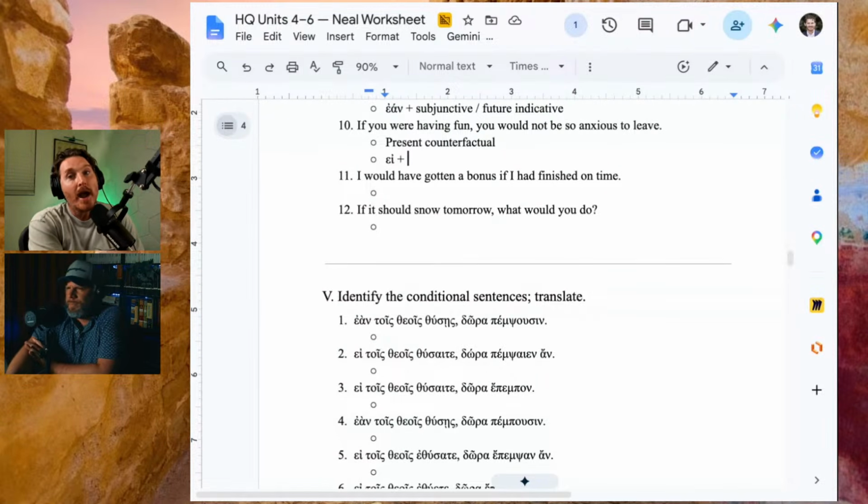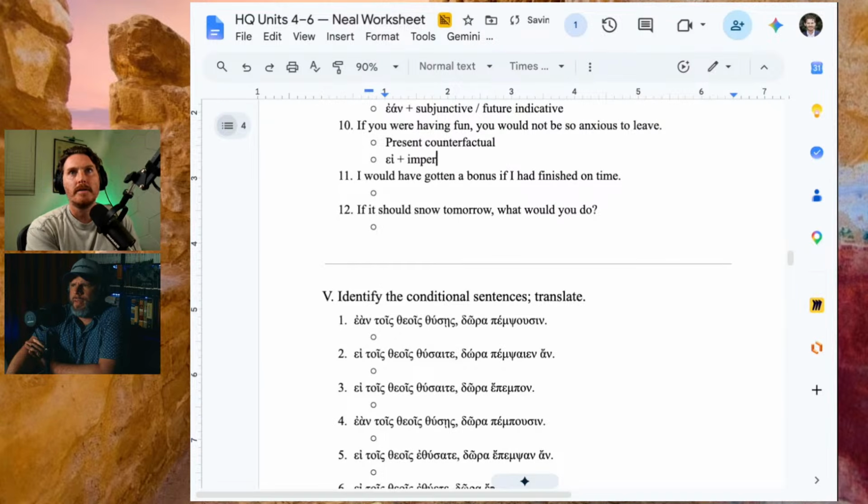It's if you were having fun, and you were having fun in English is past tense, right? So we're talking about the present, but we're using a form that normally would be used for the past tense, but here it's not past. This is counterintuitive.